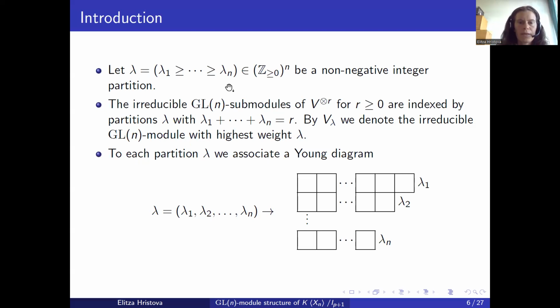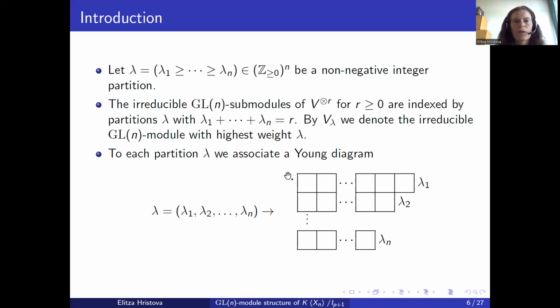And we recall that all irreducible polynomial GLn modules are indexed by such partitions lambda, and they appear as submodules of different tensor powers of our original vector space V. And the size of the partition is equal to the tensor power in which this submodule appears. So the polynomial irreducible GLn submodules are indexed by partitions lambda, and we will denote by V lambda the irreducible GLn module which corresponds to the partition lambda.